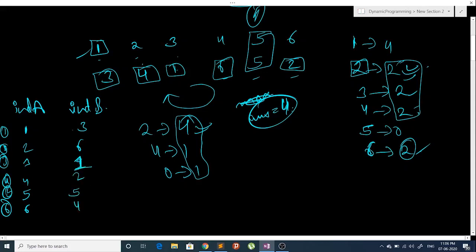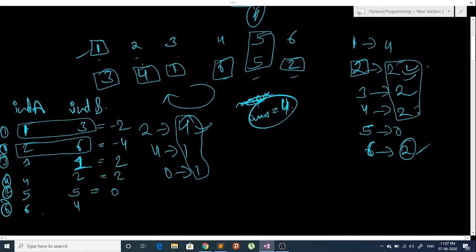Now to calculate the distance, I just subtract: here I'll subtract 3 from 1, I'll get -2. I subtract 6 from 2, I'll get -4. Here I will get 2, here I will get 2, here I will get 0, and here I'll get 2. Now the negatives can be made positive by adding just n.